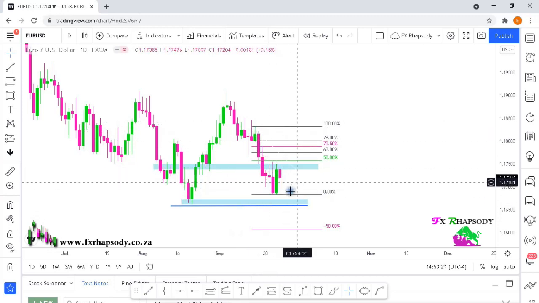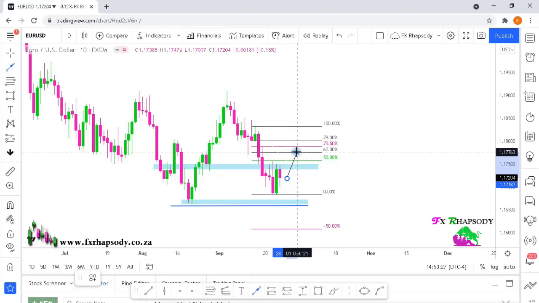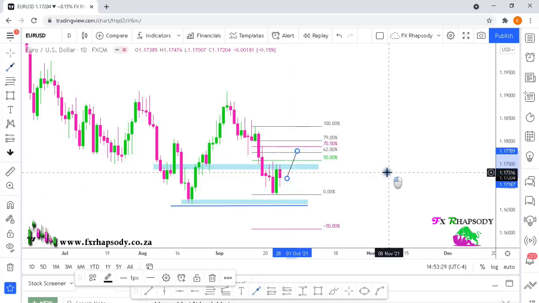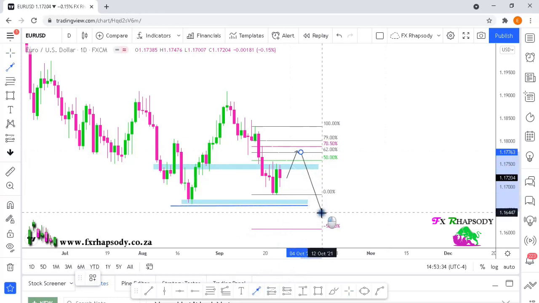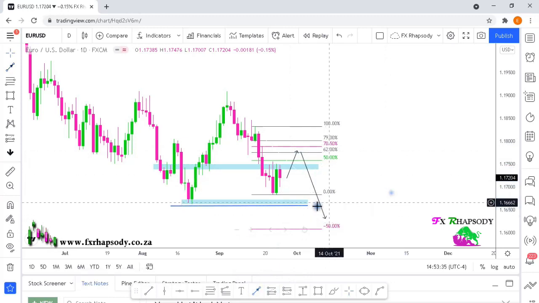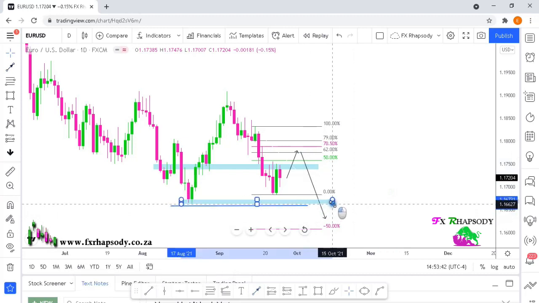And then what I would like to see is price actually coming up and touching the 62% area and then start making its way to the downside, then basically hunting that liquidity at the bottom there.